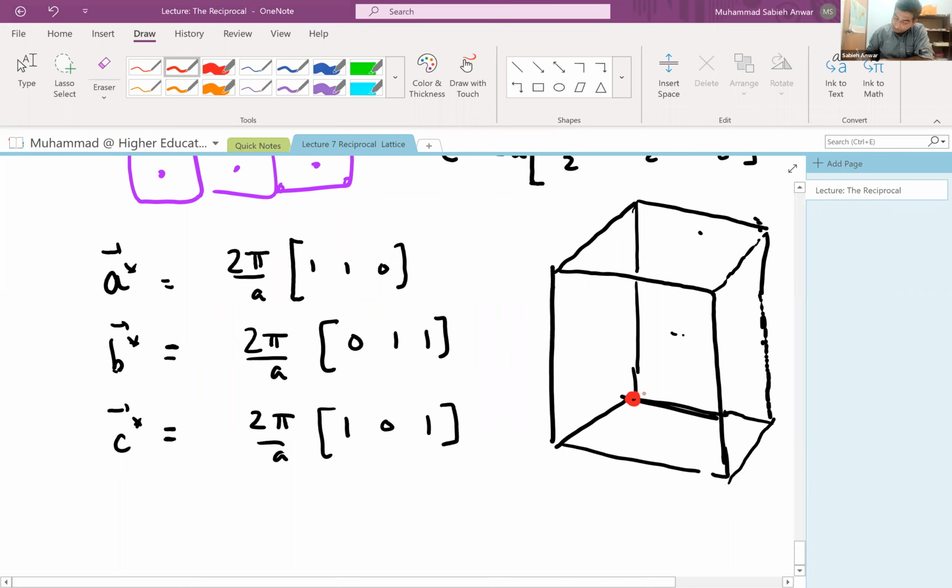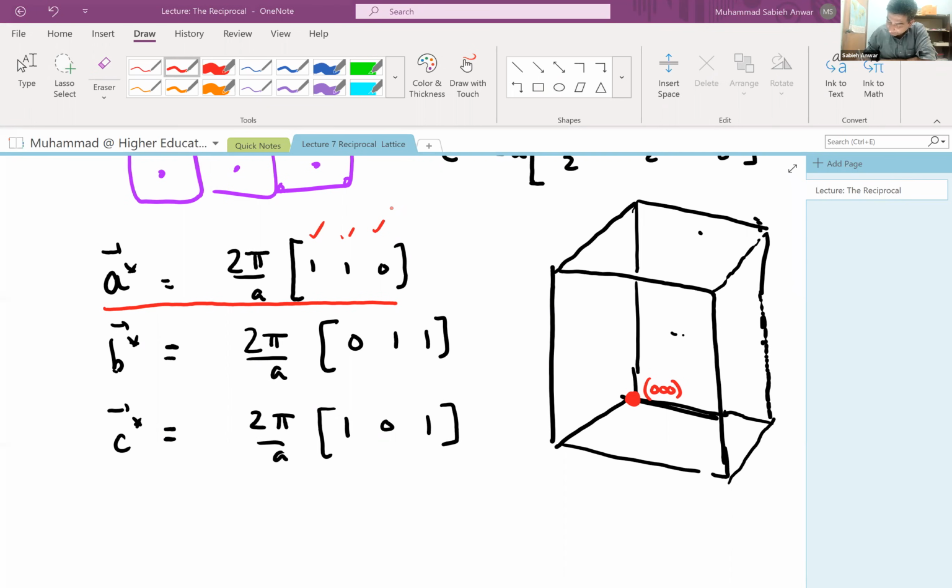So here is my origin 0, 0, 0. Now I'm talking about planes because I'm identifying the points in the reciprocal space by planes. My first reciprocal unit vector, A star, look at its values, 1, 1, 0. The reciprocal vector can be drawn by making a point here. This is my A star vector.